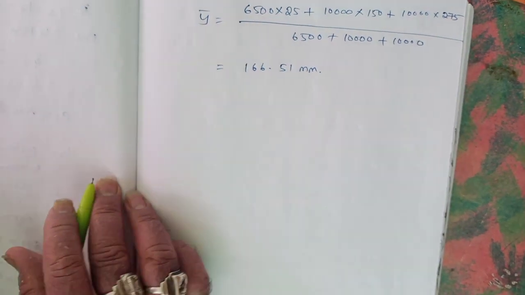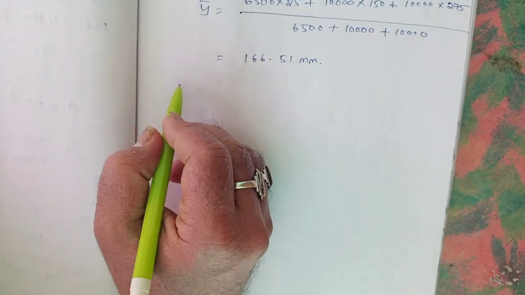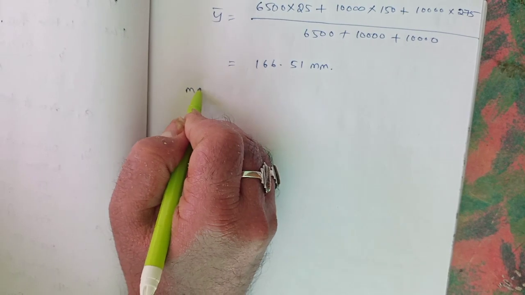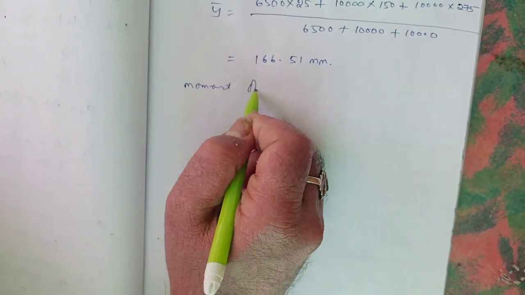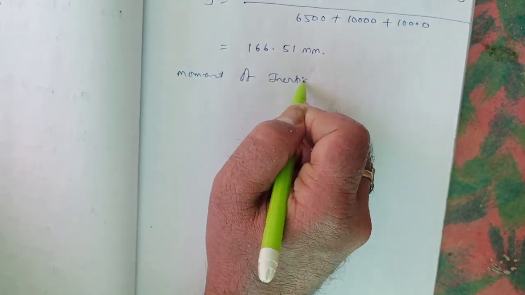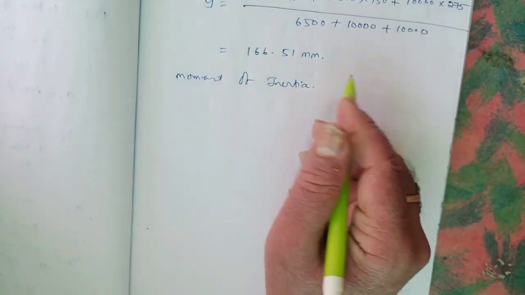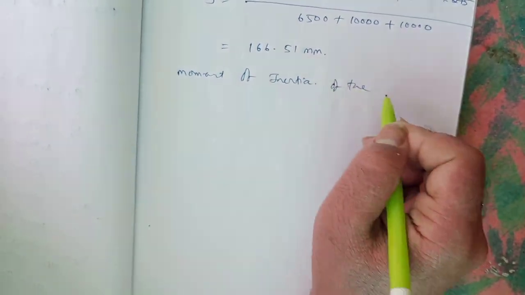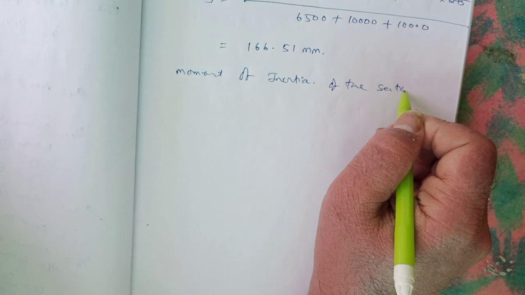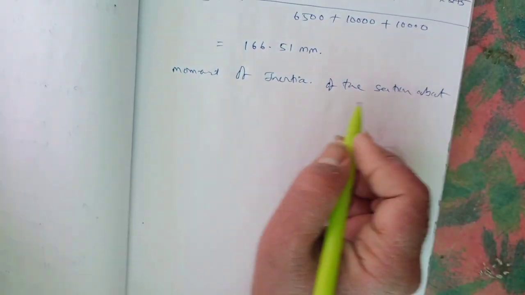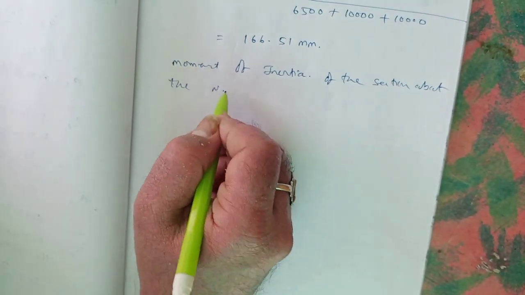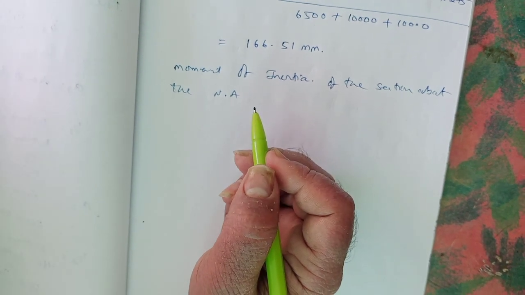Okay, then we have to find the moment of inertia of the section about the neutral axis.